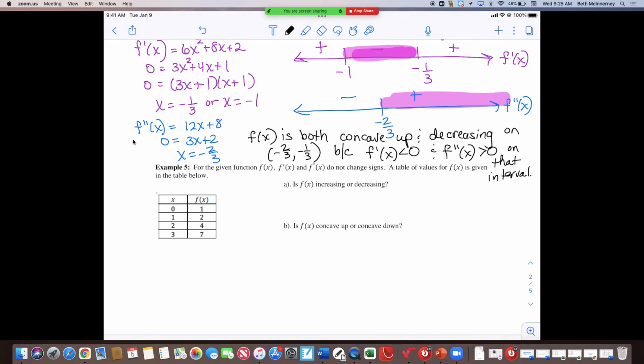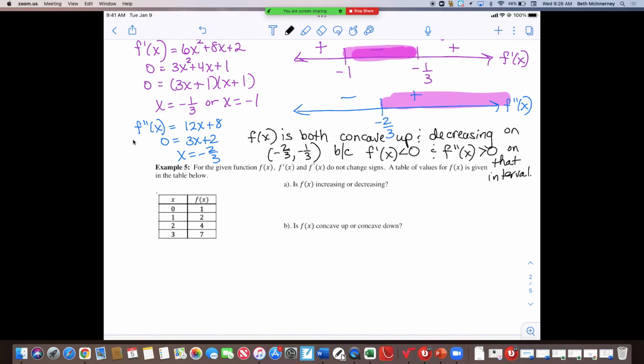All right, example 5. For the given function f of x, f prime of x and f double prime of x do not change signs. So I want to make sure you're reading that correctly. For the given function f of x, pause, f prime of x and f double prime of x do not change signs. So that means they're either always positive or always negative, okay?